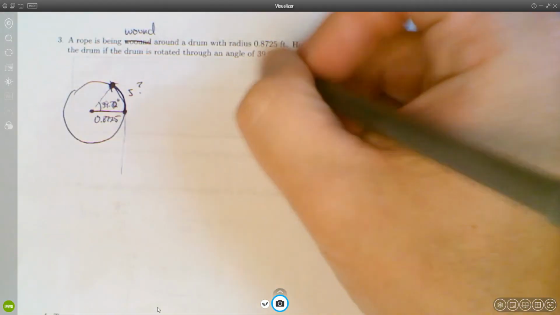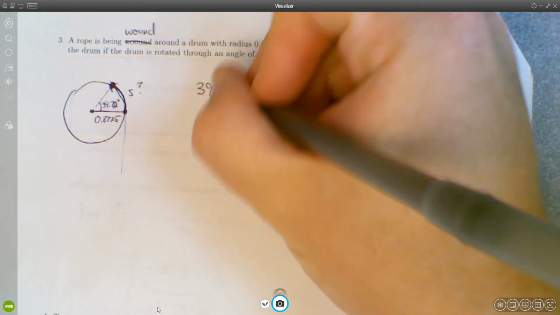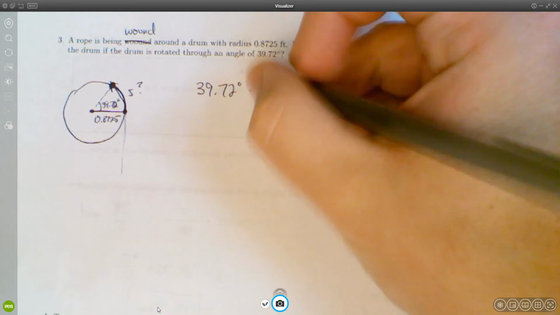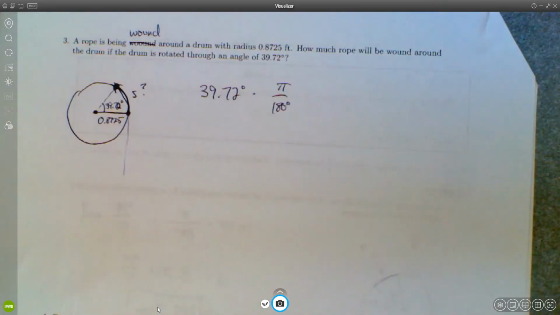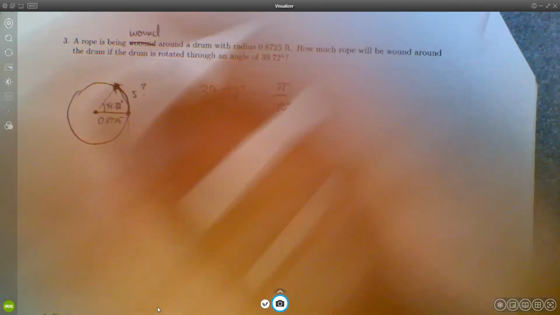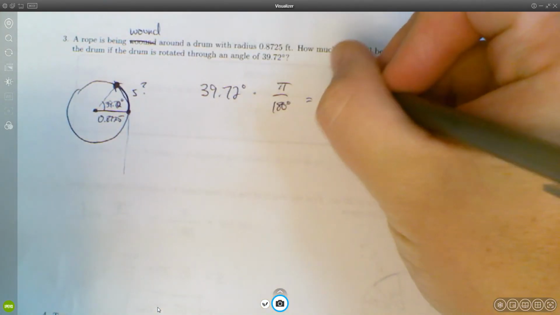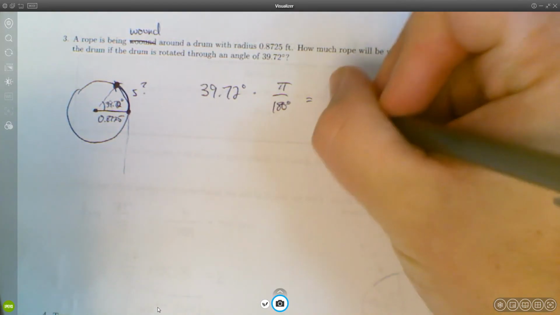So the first thing I'm going to do is change the angle into radians. Let's do 3,972 divided by 180 and then 2 extra zeros. That would give us 331 pi over 1,500.